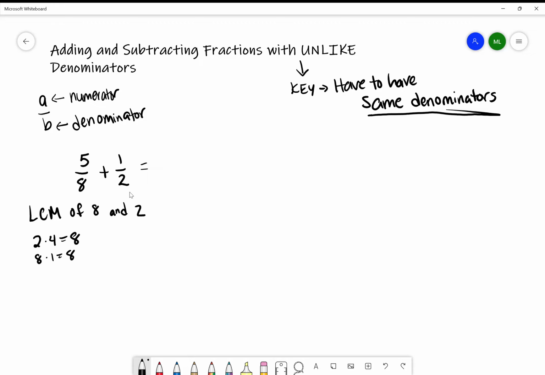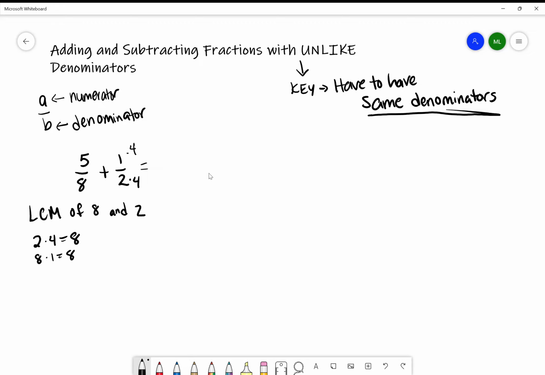So I don't have to change this first fraction so much, but I do have to worry about 1/2, because now I want the denominator to be 8. And how do I make that 8? I can just multiply it by 4 on both sides, both the top and the bottom.